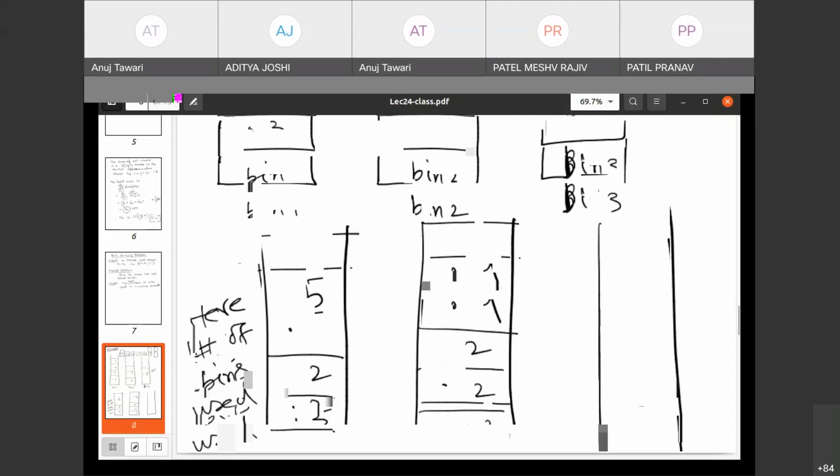Okay, so in this case, what you are doing is that you put the largest object. We have sorted all these things, and we put the largest object first. So let's say we put 0.5 and find the rest of the objects for a bin from the starting of the object array.